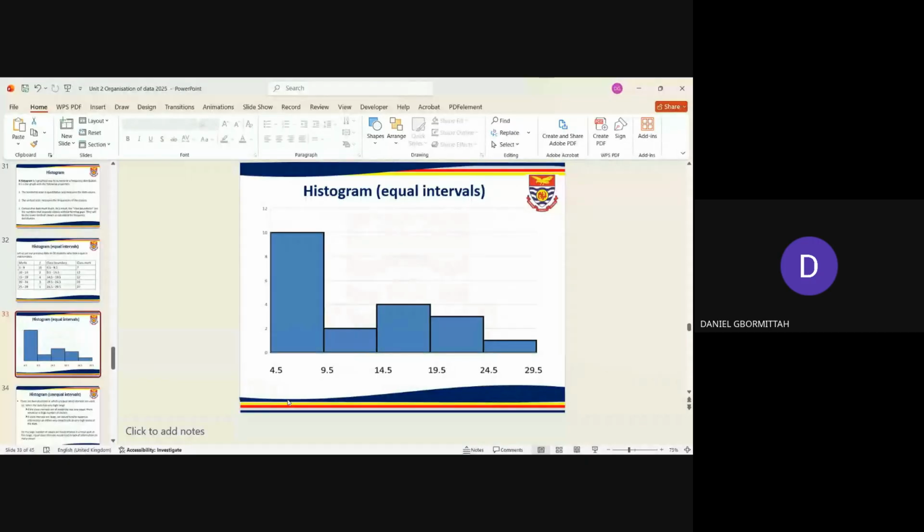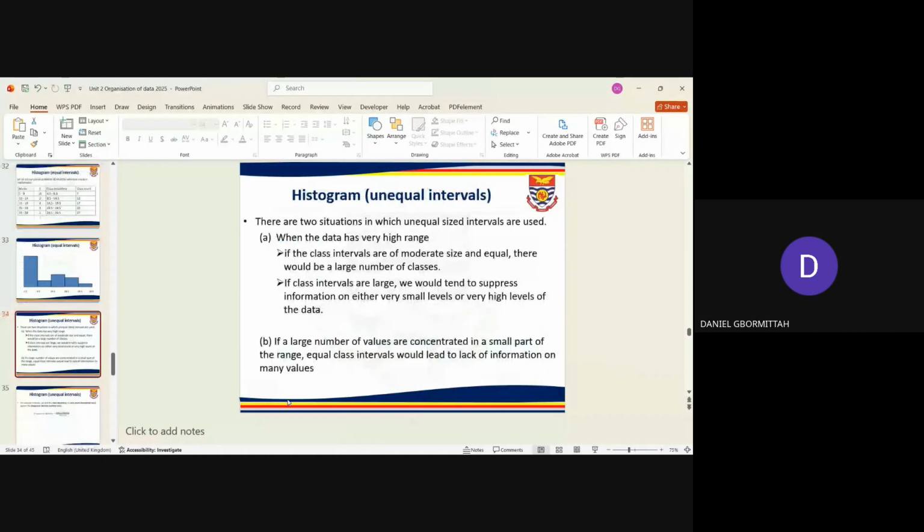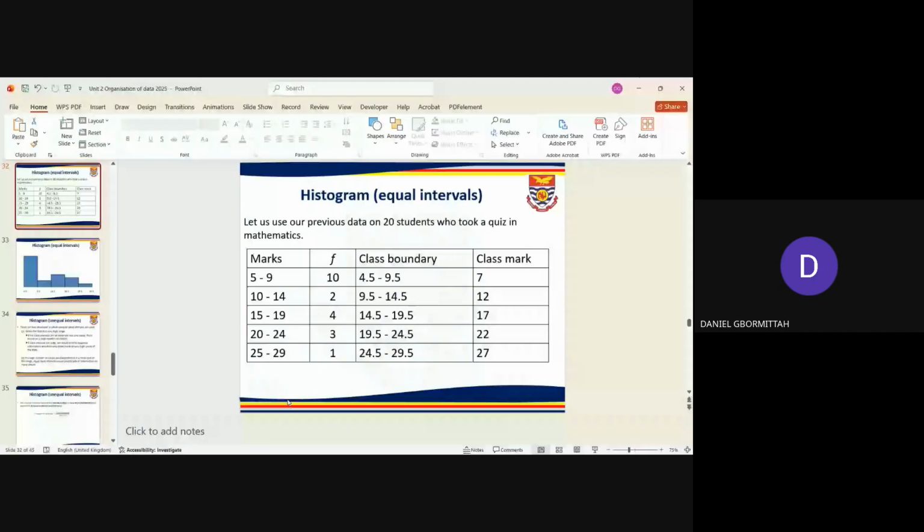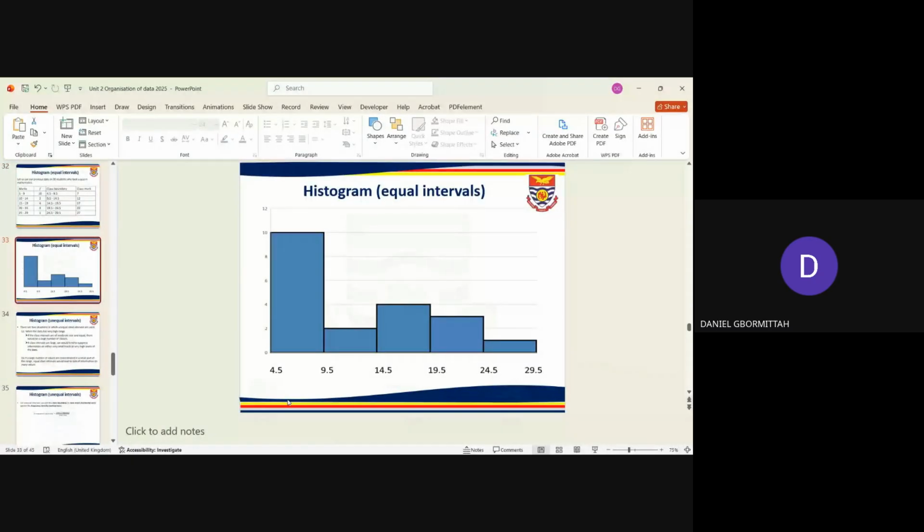So 4.5, then 9.5, then 14.5, 19.5, 24.5, then 29.5. Then for each of the bars, you match it to its corresponding frequency, and you are good to go. And this is for equal intervals.